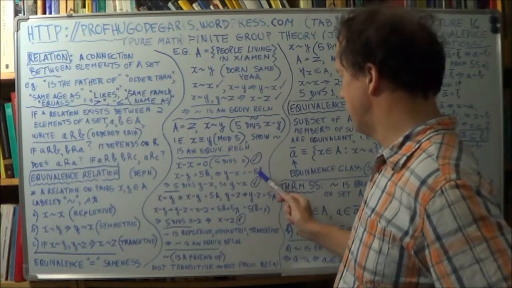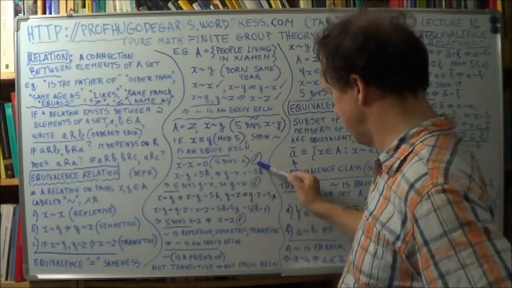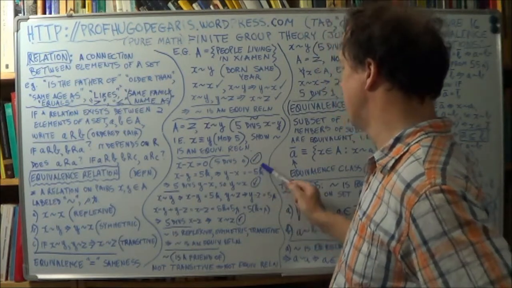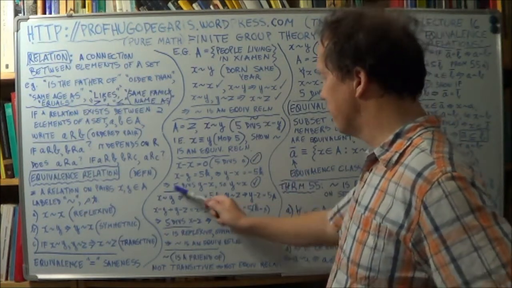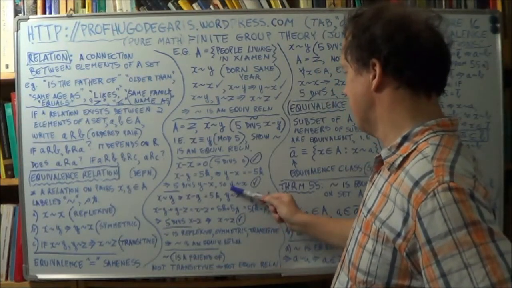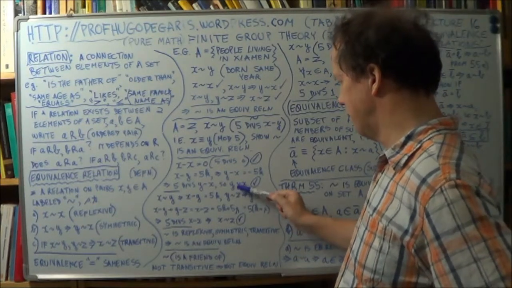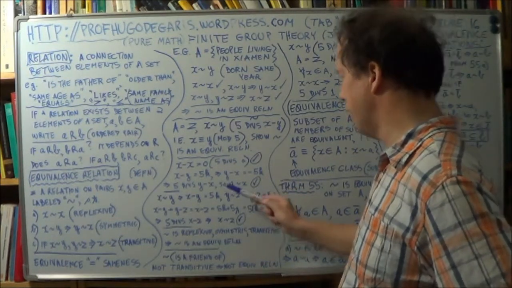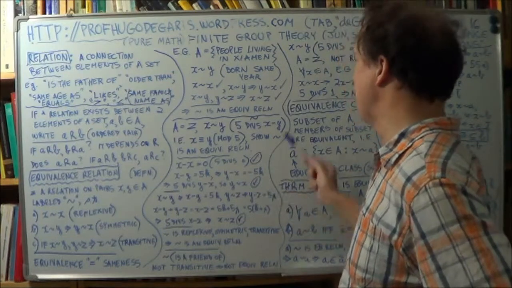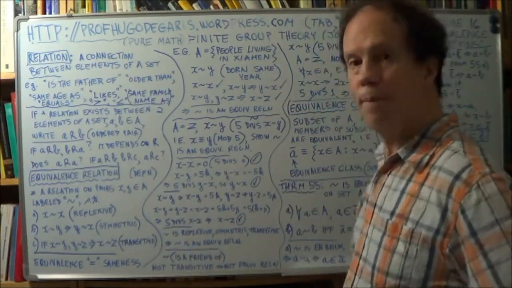And that means that 5 divides this. Here's your factor, 5, and the quotient is minus k. So 5 does divide y minus x, and hence y tilde x is true. Okay, so tick, symmetric, that property holds.